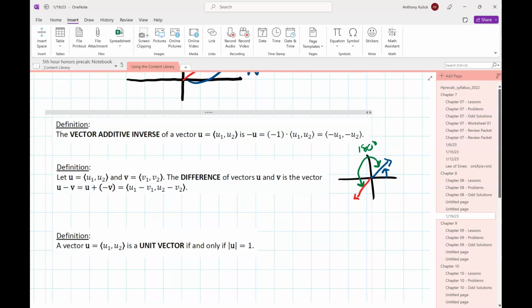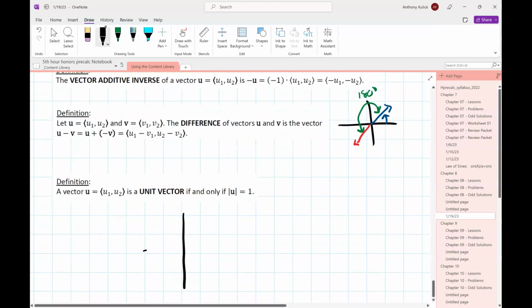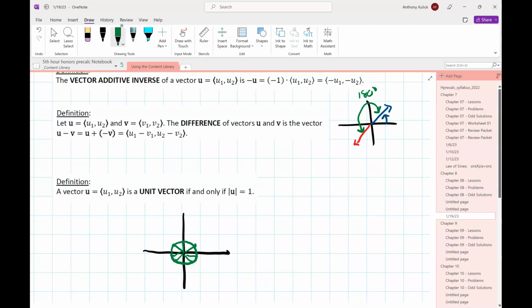So if I think about drawing any vector with length 1, if I draw all possible ones, where are their terminal points, or the head points, all going to lie? That's all on a circle with radius 1.